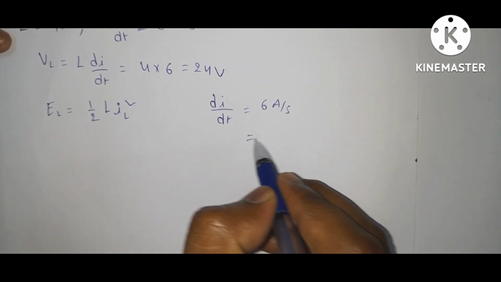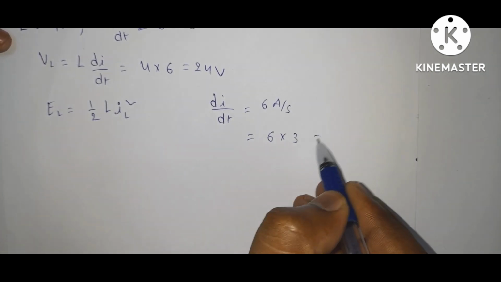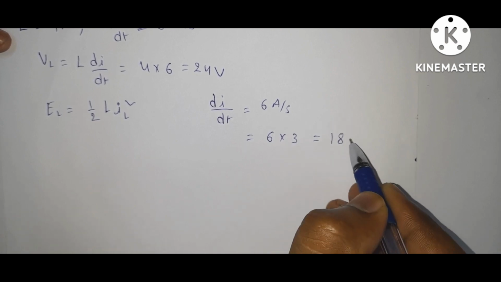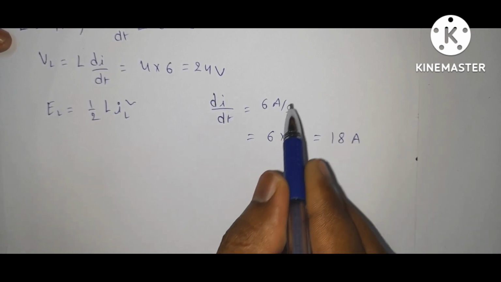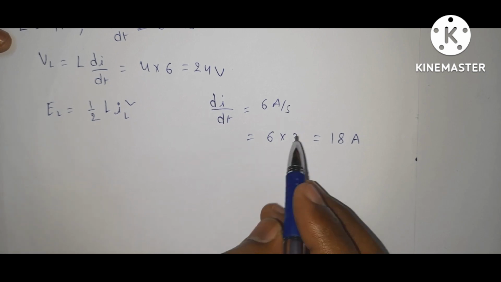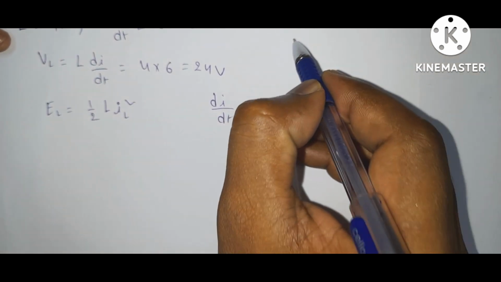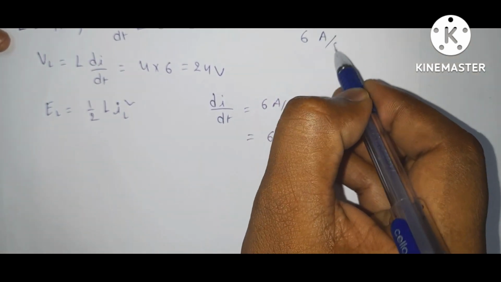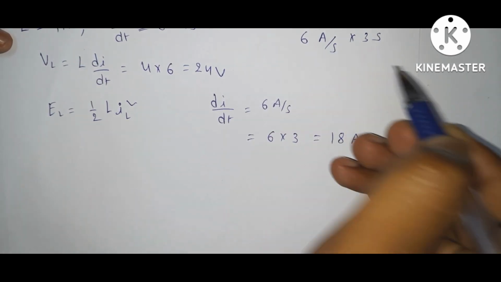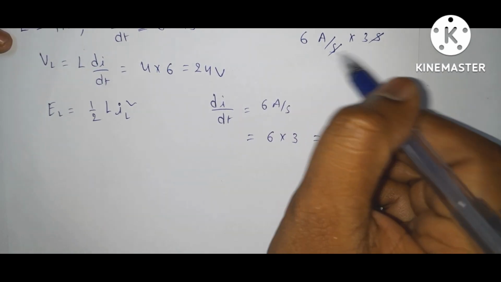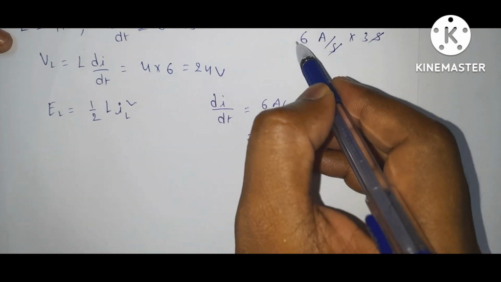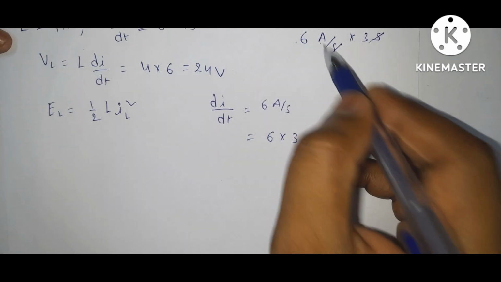So 6 into 3, that is equal to 18 amps. That is 6 amperes per second into 3 seconds, seconds cancel, 3 into 6, 18 amperes.